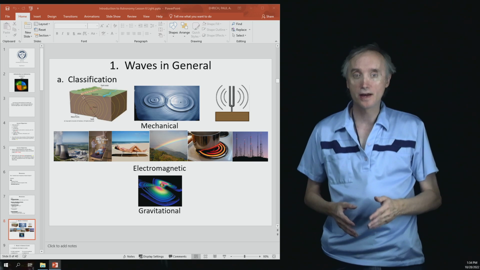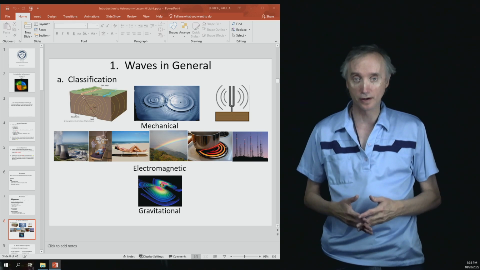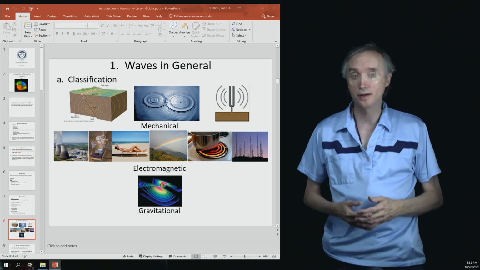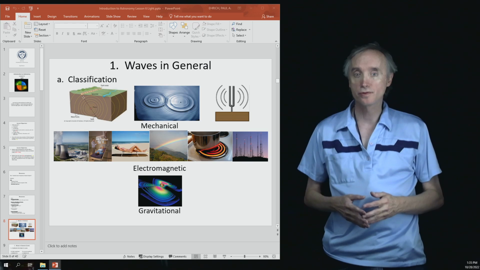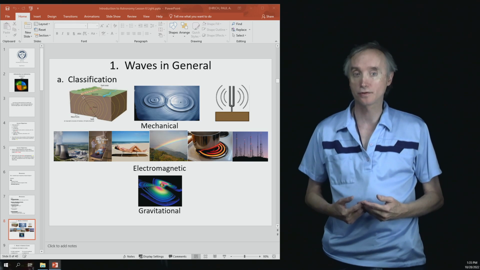Next to that is the visible spectrum, so you see the rainbow there. Then next to that is ultraviolet light, then X-rays, and then gamma rays. Those are the different kinds of light in the electromagnetic spectrum.